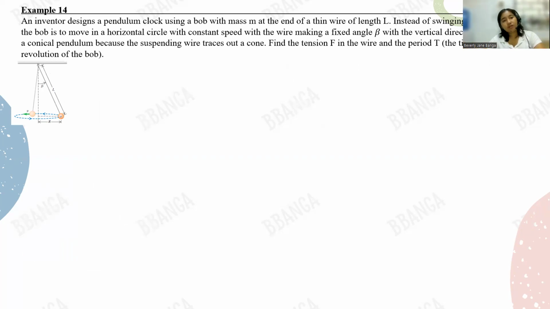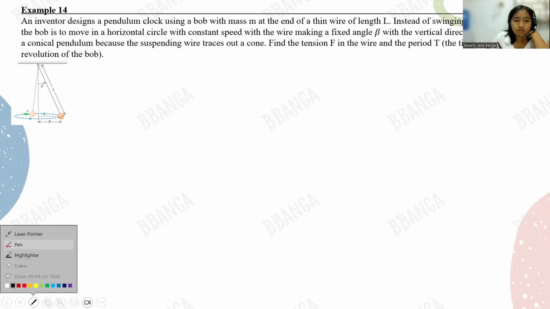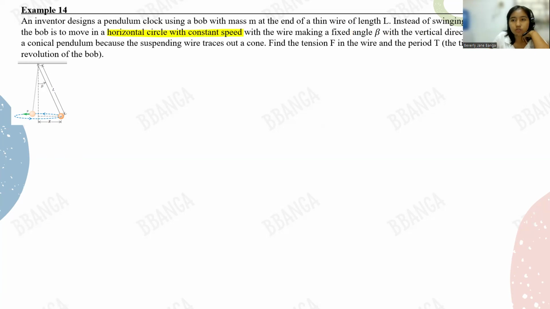Okay, so an inventor designs a pendulum clock using a bulb with mass M at the end of a wire of length L. Instead of swinging back and forth, the bulb is to move in a horizontal circle with constant speed, with the wire making a fixed angle beta with the vertical direction. This is called a conical pendulum because the suspending wire traces out a cone. No? So, kasi paikot na siyang ganyan.